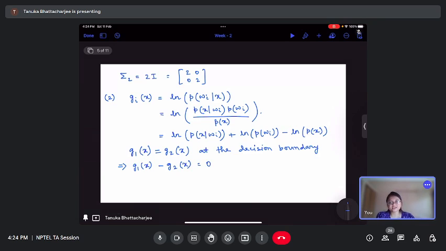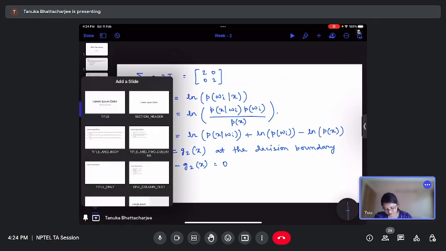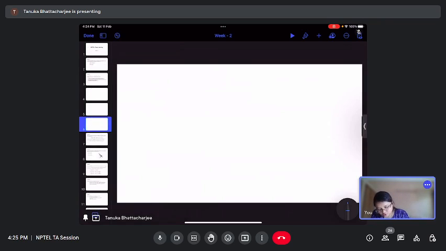So here we can just compute g1(x) minus g2(x) for our example, and we already know the expression for g_i(x). We will put that.